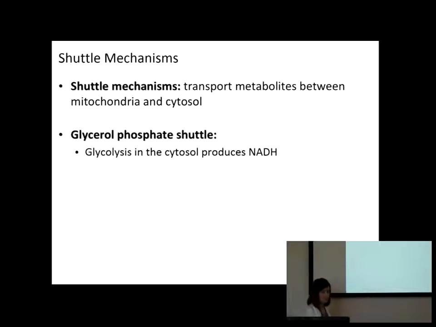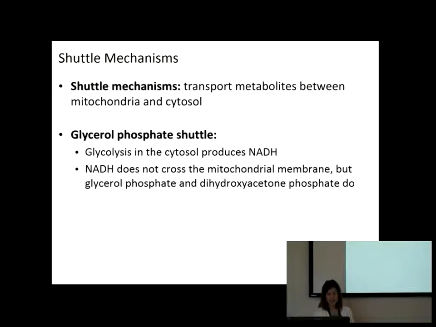There's two. There's the Glycerol-Phosphate Shuttle, and there's the Malate-Aspartate Shuttle. And one is better than the other. One has a better, what I call, exchange rate. So the Glycerol-Phosphate Shuttle takes NADH from what we're making in glycolysis.